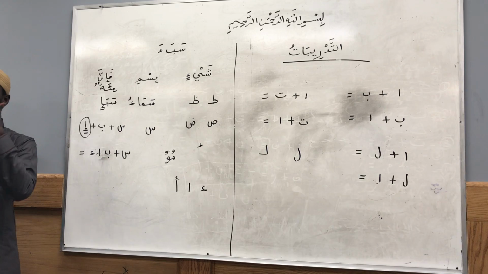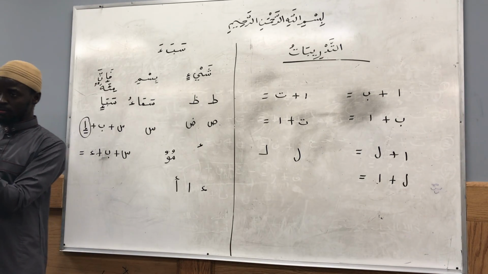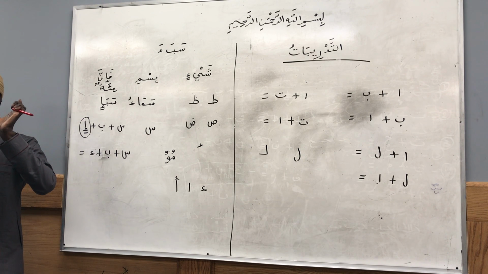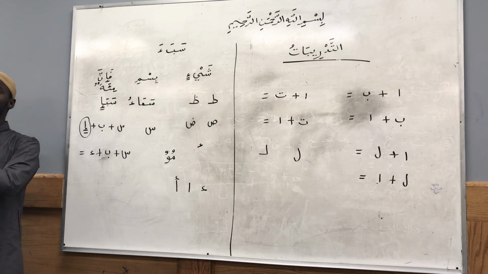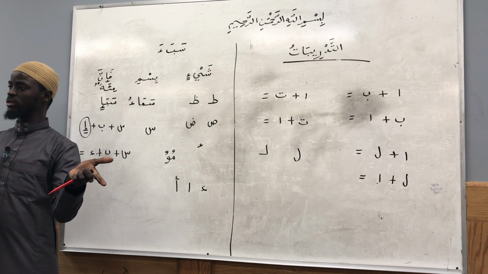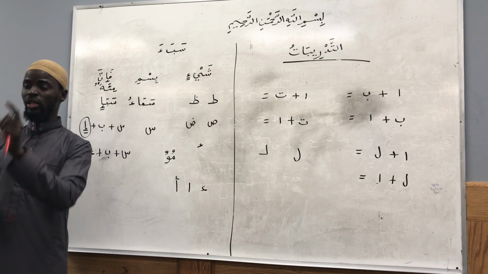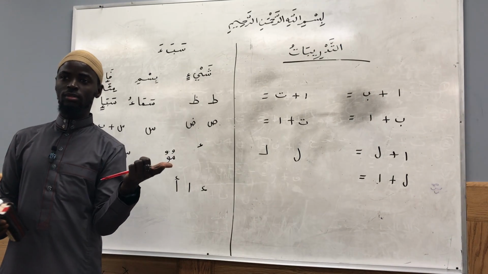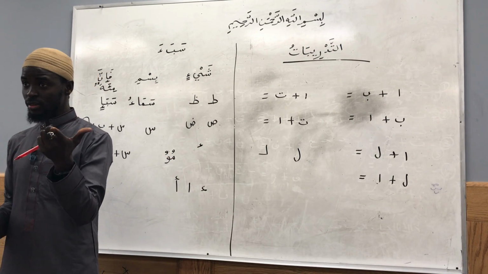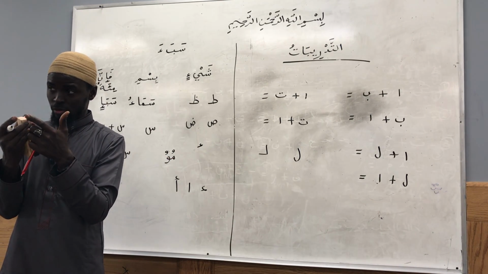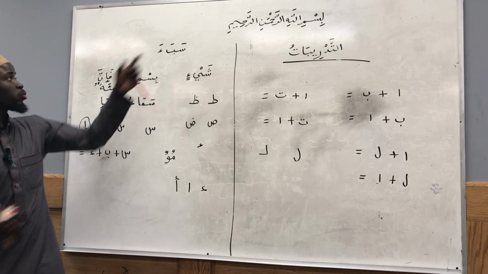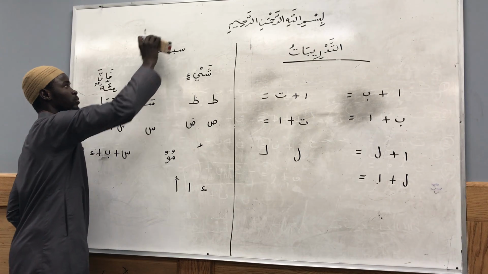Because whenever you read it in words, they sound the same. So they said they don't need to repeat it in the alphabet. Because the alphabet, if you connect them, you cannot read them without vowel. Like for example, this one, without the vowel, how are you going to read it?